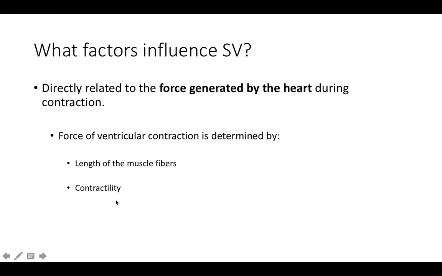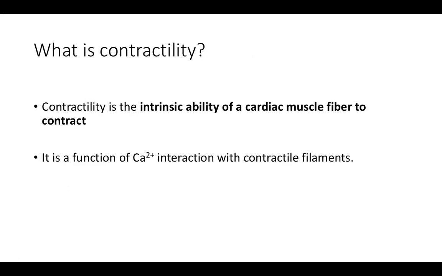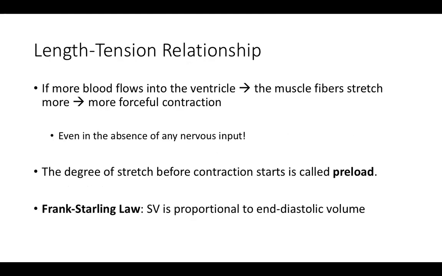How is their ability to contract? And so this contractility is the intrinsic ability of a cardiac muscle cell or muscle fiber to contract. It's a function of the calcium interaction with the contractile filaments, but there's also other factors that are involved in the idea of how much force does the ventricle contract with.